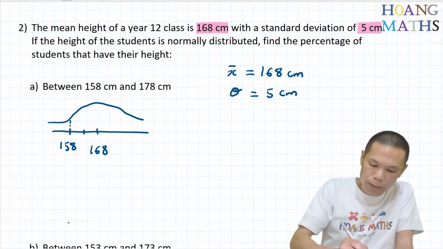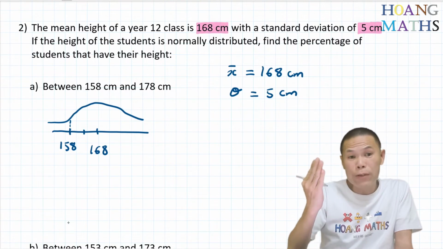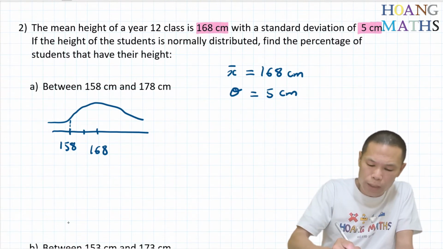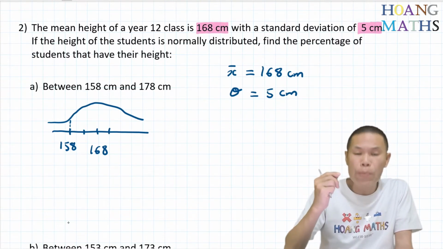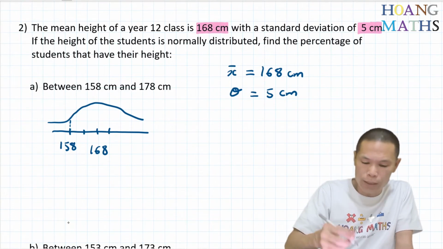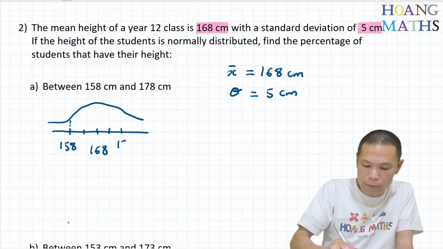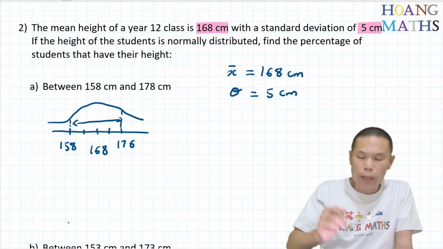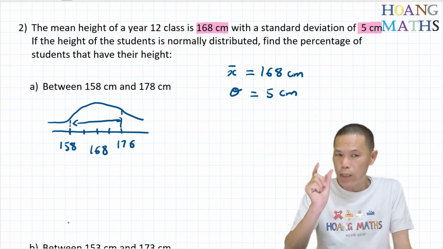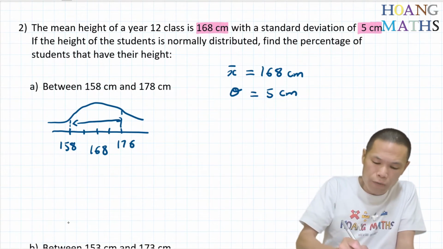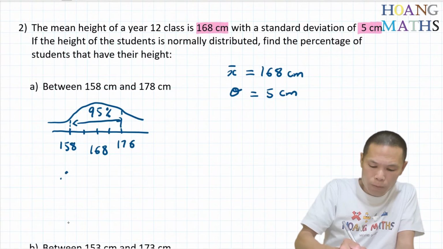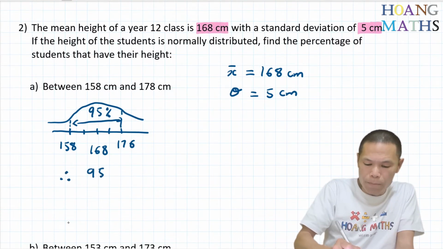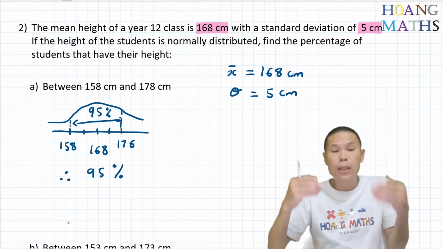And then 178 is also 2 standard deviations, because you add 10 to 168 and that gives me 178. So between these is within 2 standard deviations of the mean, therefore the answer is 95%. So there you go.